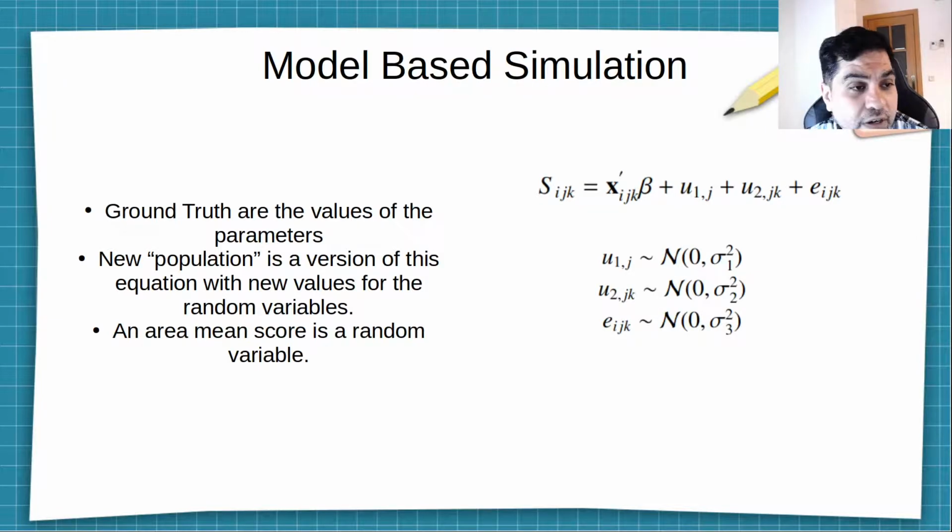And here the ground truth is not the mean scores in each municipality, but the values of the parameters beta, sigma 1, sigma 2, and sigma 3. So the area score is part of the realization of these variables, so it's again a random variable. But we can still use the same scheme to compare the results.